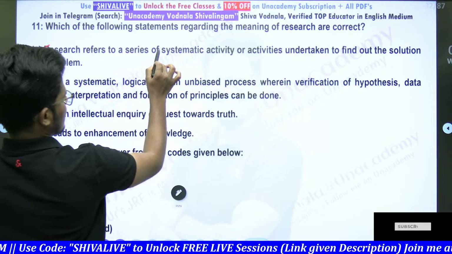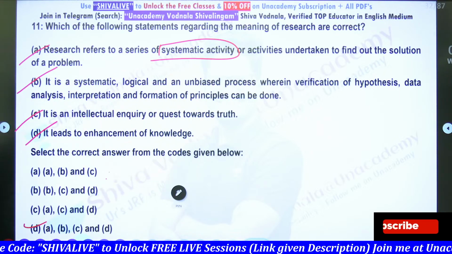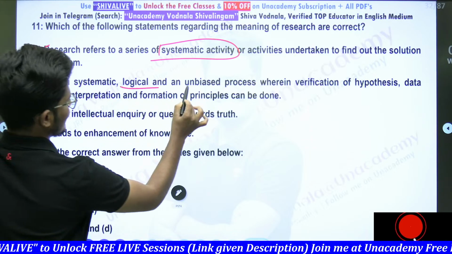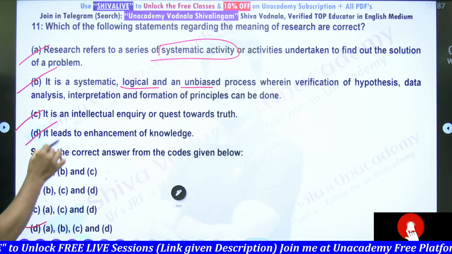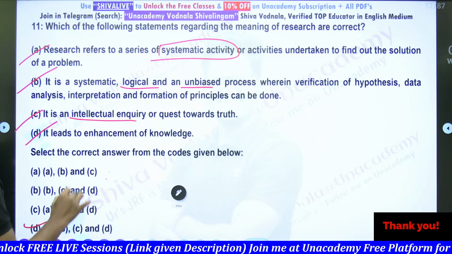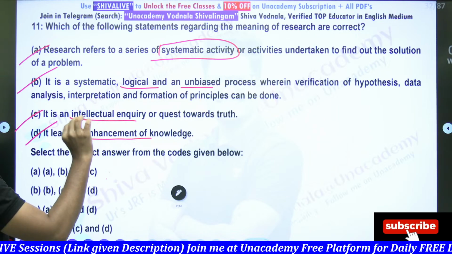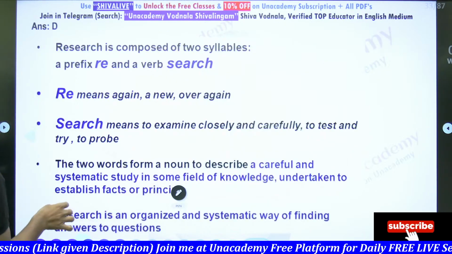It's a systematic activity. First one, yes. To find a solution, a logical and unbiased process, which is an independent process. Correct. Intellectual inquiry, and it is for the enhancement of knowledge only. All the 4 statements are indicating a true definition or meaning of research only.